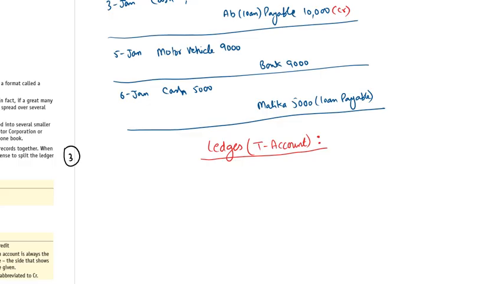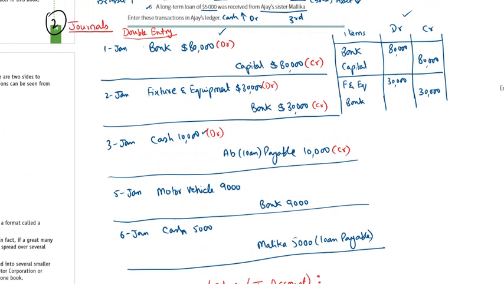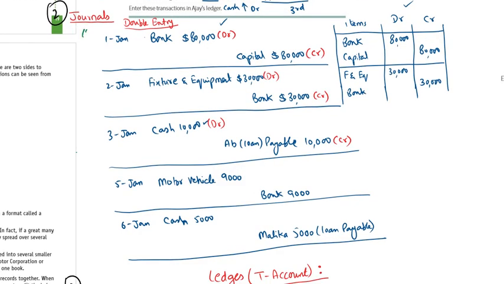How many ledgers we will make depends upon the nature of the transactions. How many different transactions can we trace from this to this? We have ample different transactions. Bank is a different accounting head. Number one, we will make the bank account. Second, capital account. Third, furniture and fixture account.